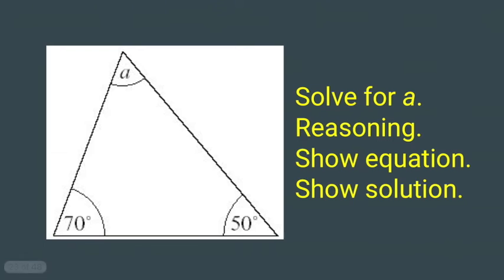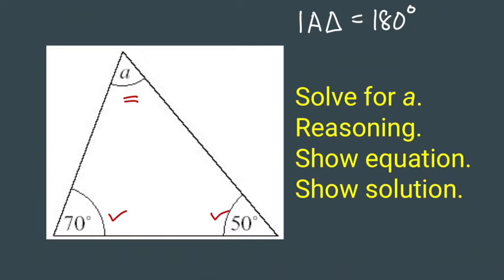So for example, you have this problem. You are given the measure of this angle and this angle. How will you calculate angle A? All you have to do is follow the interior angles of a triangle rule. We know that the interior angles of a triangle total 180 degrees.